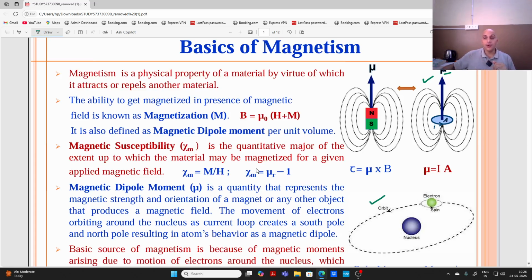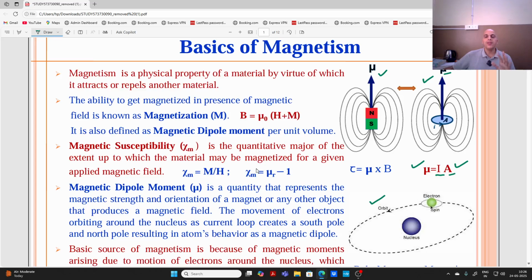It means the movement of this electron around the nucleus is equivalent to a magnetic dipole, whose magnetic dipole moment is given as I, current, into A, area of the loop. You can see here, and we can say that it has magnetic dipole moment mu in this direction. And this is a teeny bar magnet, which again has the same magnetic dipole moment.